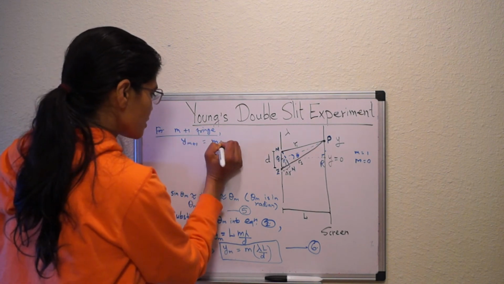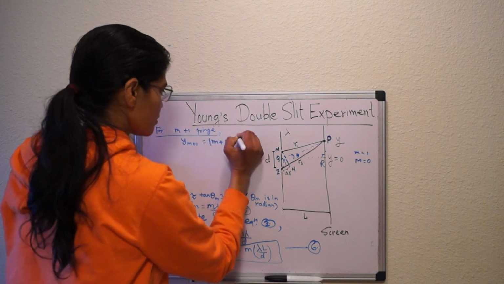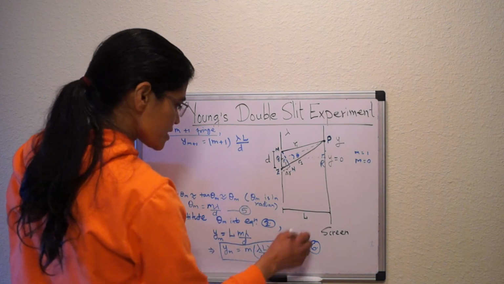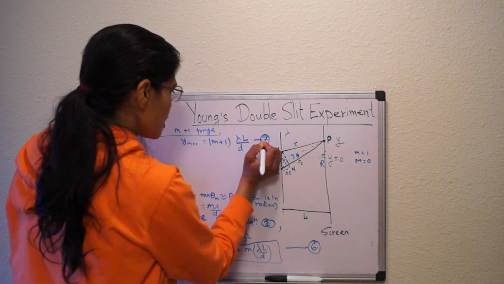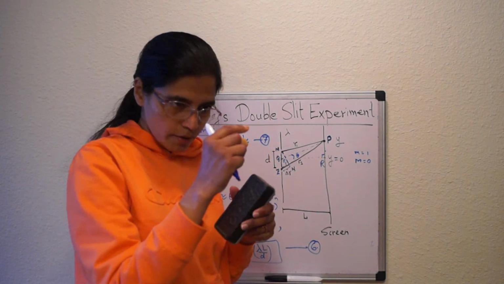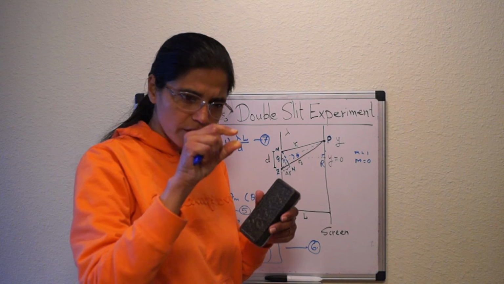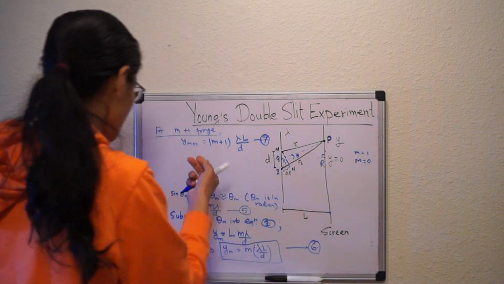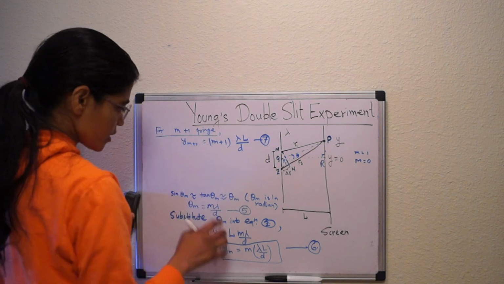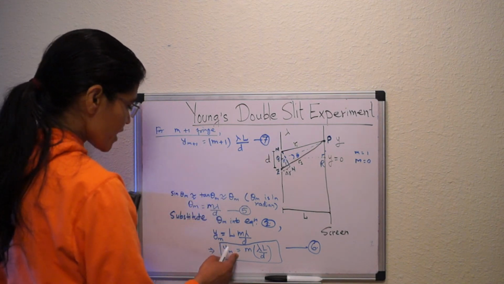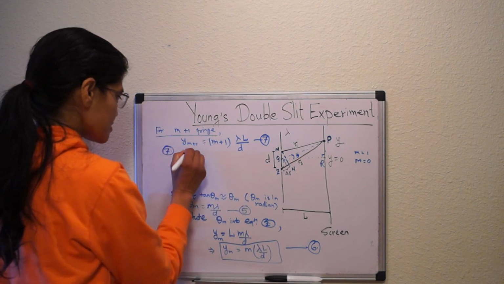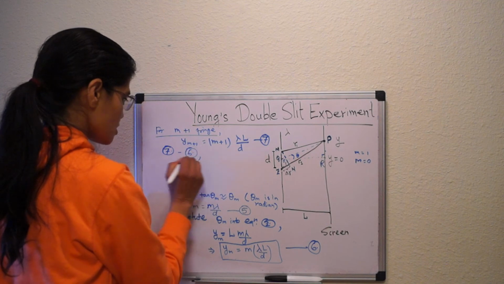Wherever we have m, we have m plus 1, and the rest of the thing is ditto, lambda L by d. That's equation 7. Now we want to find the width of the fringe itself. Is the brightest part we see small, tiny, or big like this? That's the idea here. What we can do is subtract ym from ym plus 1. So equation 7 minus equation 6 gives us this.